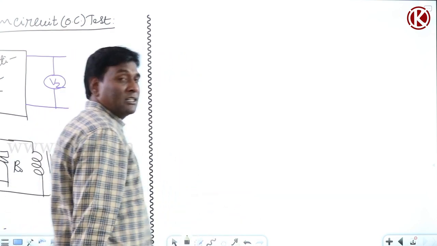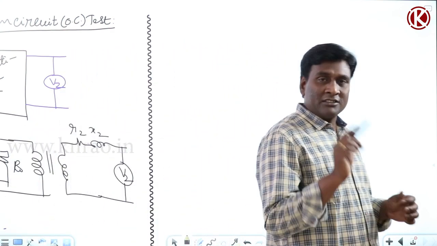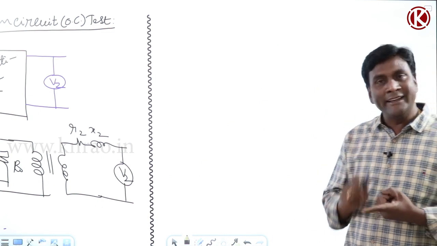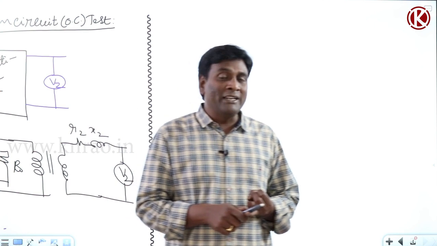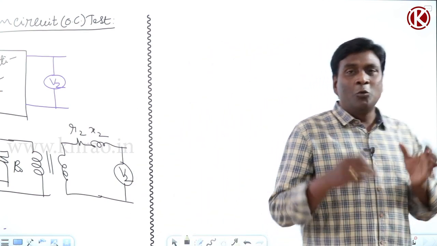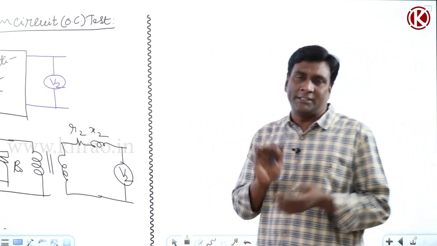Why is it least in a transformer? Because of lack of air gap. Leakage flux is least, leakage reactance is least, leakage impedance is least, and the voltage drop across leakage impedance is least.